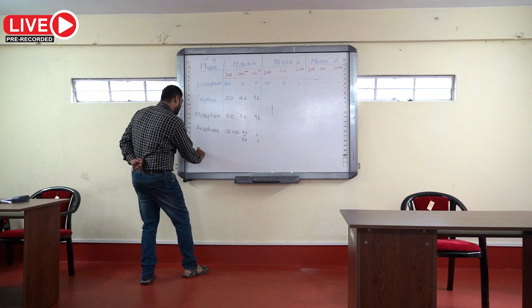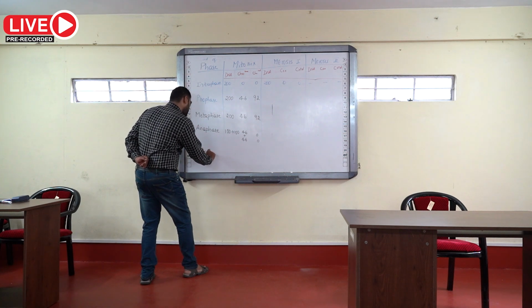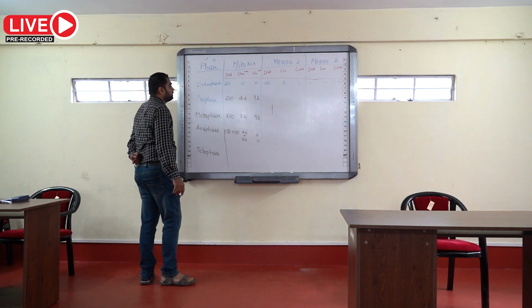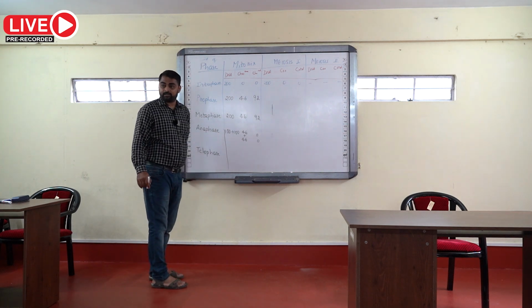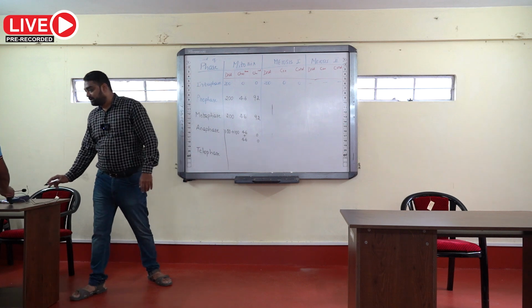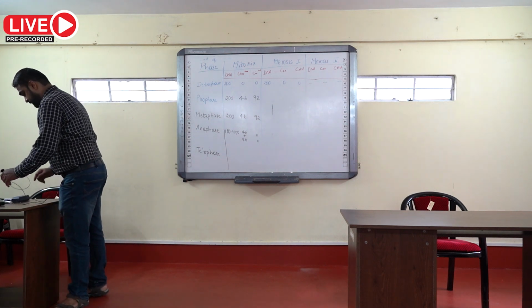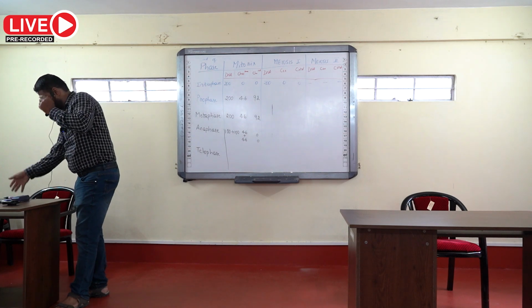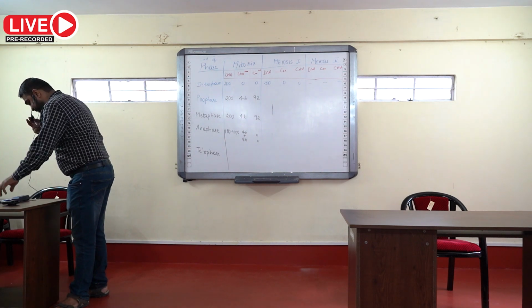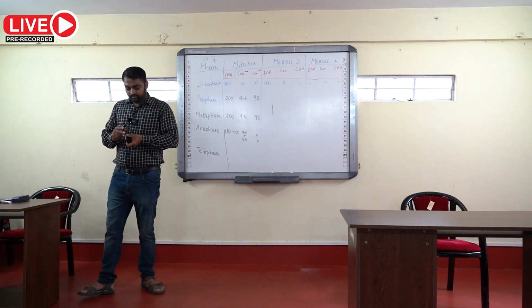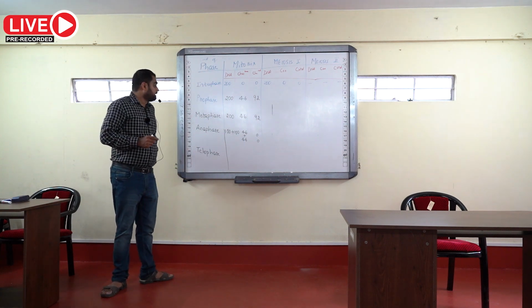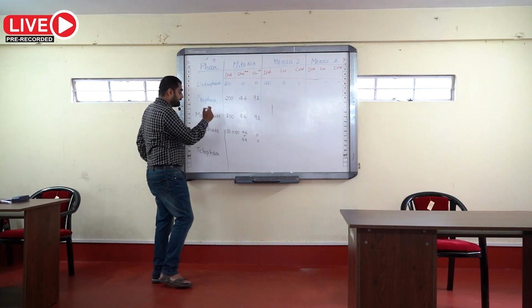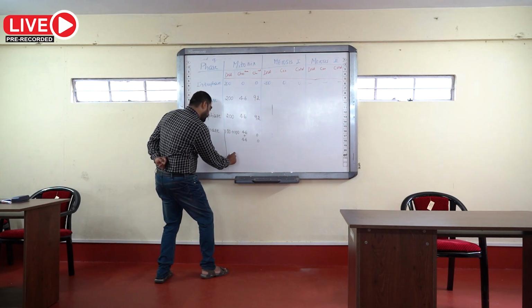At the end of telophase, what do we have? 2 cells with DNA, 100 plus 100.